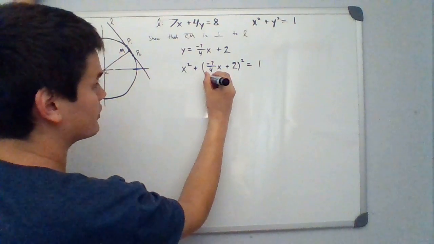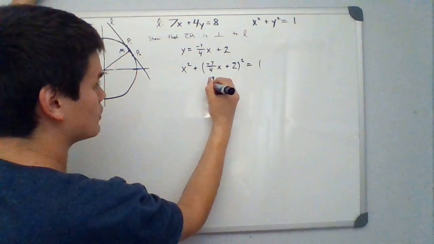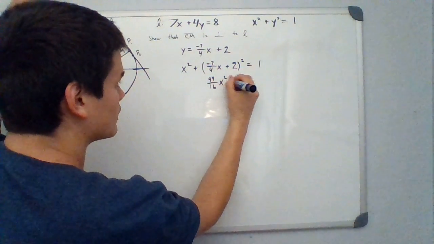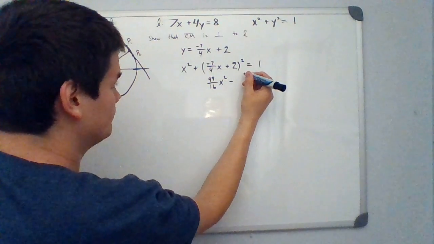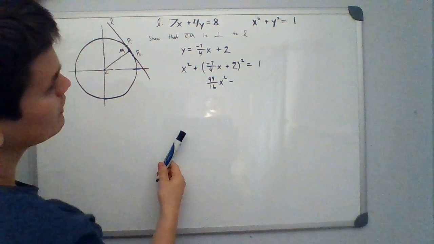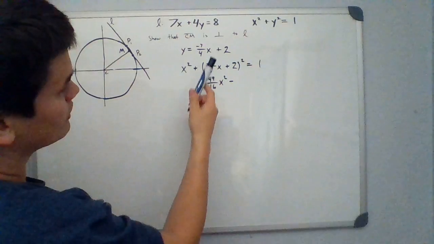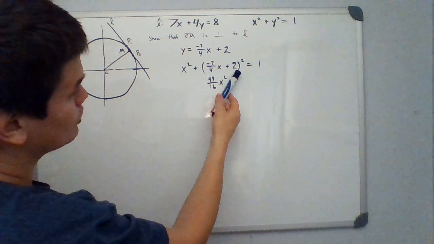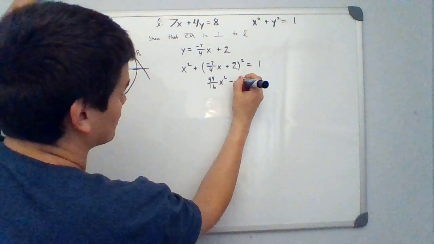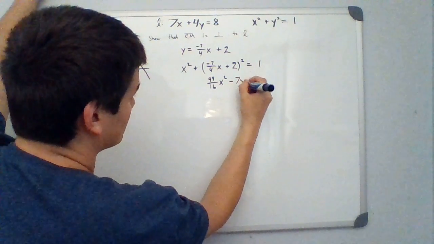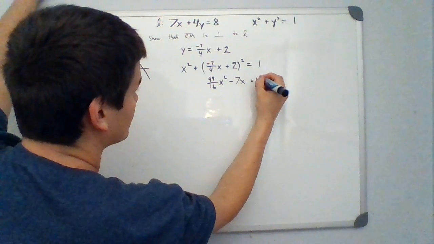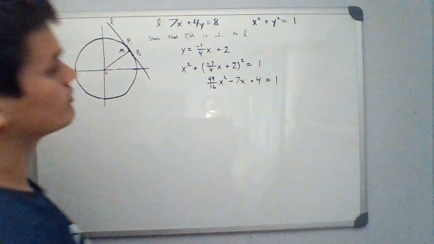Now when I square this, I'm going to have 49 over 16 x squared minus, let's see, 7/4 times 2 is just negative 7x, plus 4 is equal to 1.